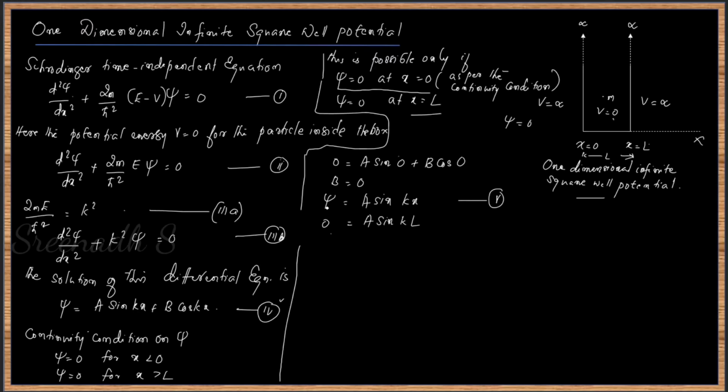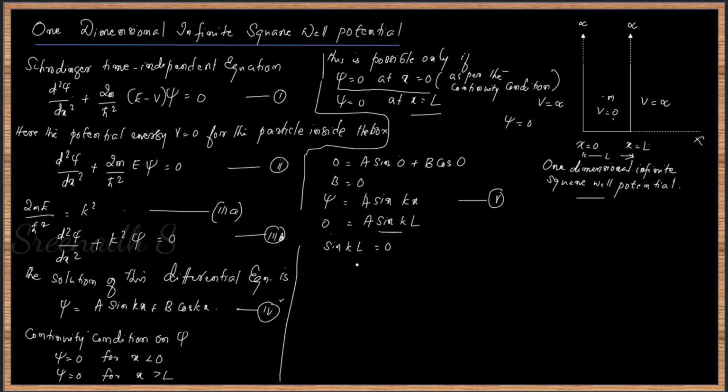Psi will vanish if a is equal to 0. So that is impossible. So what is the possible condition? If a sine kL is equal to 0, sine kL can be equal to 0. This is possible.